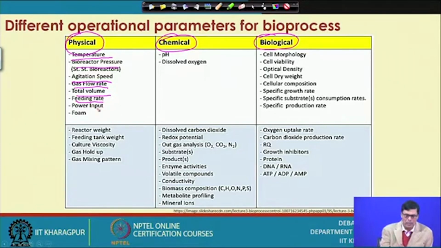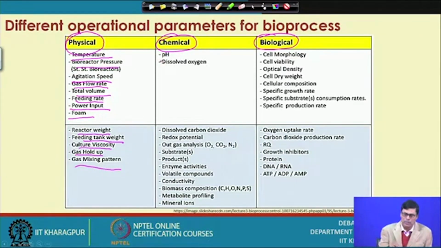The feeding rate we can find out, the power input we can calculate, and the foam is another parameter we have in this fermentation system. Then other parameters are the reactor weight, the feeding tank weight, the culture viscosity, gas holdup, and the gas mixing pattern. So these come under the physical parameters.